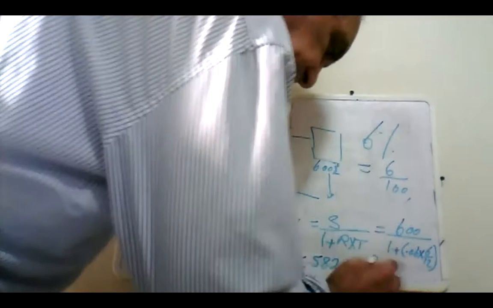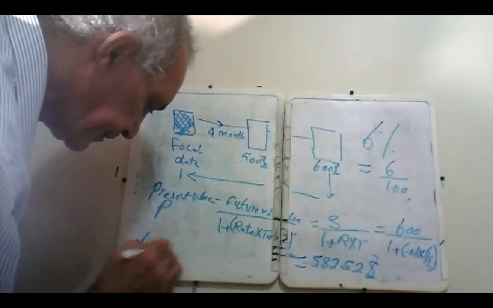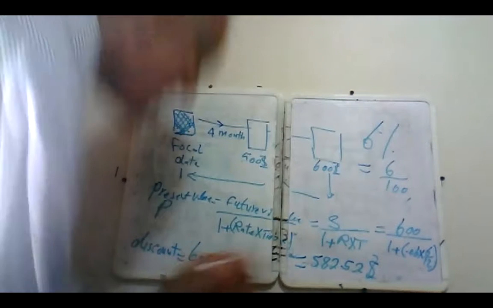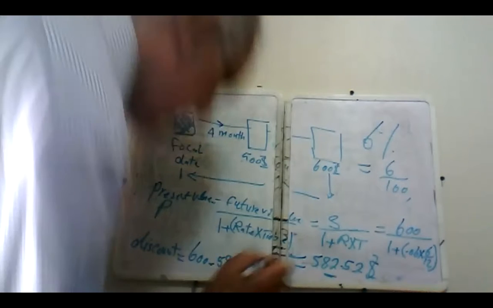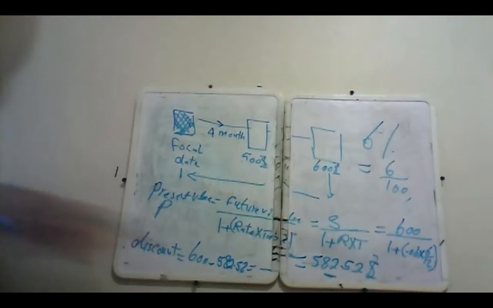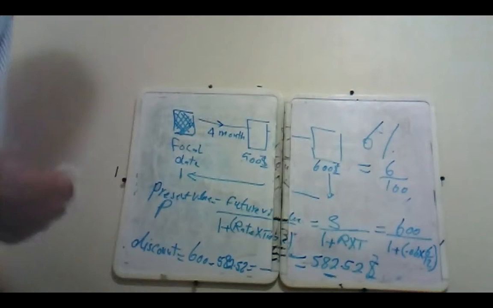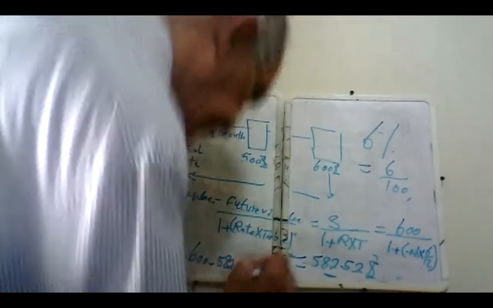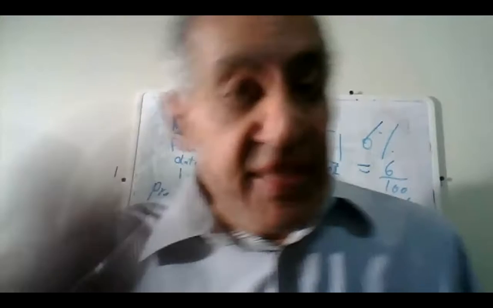The rest, of course, is a discount. If I want to calculate the discount, it will be the nominal value, which is $600, minus the present value, which you got here, 582.52, and we will calculate it and get the rest of it: $17.48. So the nominal value minus the present value will give you the discount, how much it is.